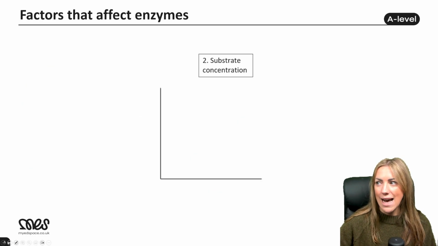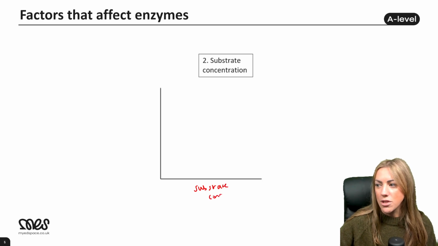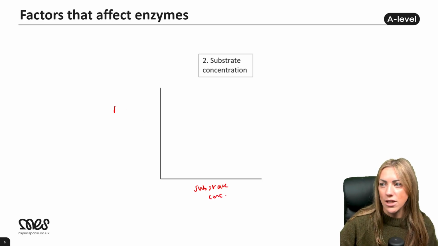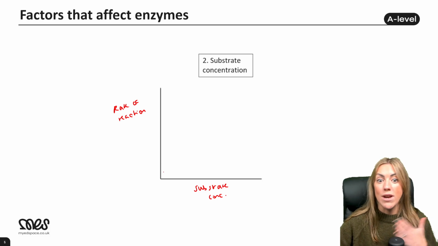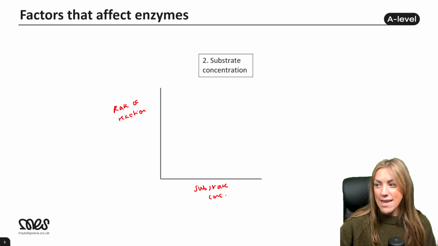Let's have a look at substrate concentration. So if I increase the substrate concentration in an enzyme controlled reaction, what is going to happen to the rate of reaction? Well, obviously, to begin with, as I increase the substrate concentration, there's more substrate available, more substrate to bind to the active sites and more enzyme substrate complexes. So as I increase the substrate concentration, I'm going to see an increased rate of reaction.